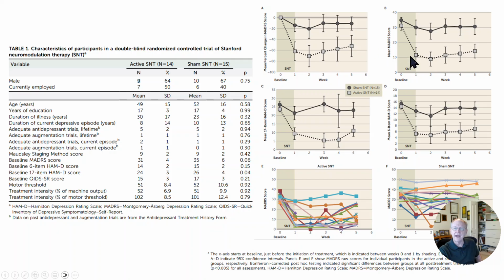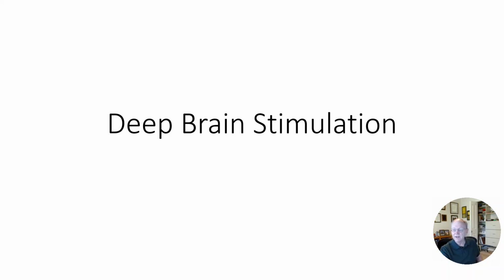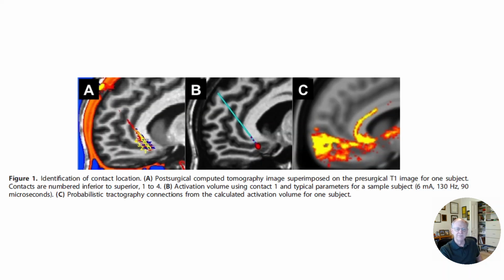And while the average data looks great, if you look at the individual scores, you will see that there's a fair amount of individual variability. And in general, in larger TMS samples, you don't always get the great results that are sometimes bragged about. All right. Now, finally, we have deep brain stimulation.